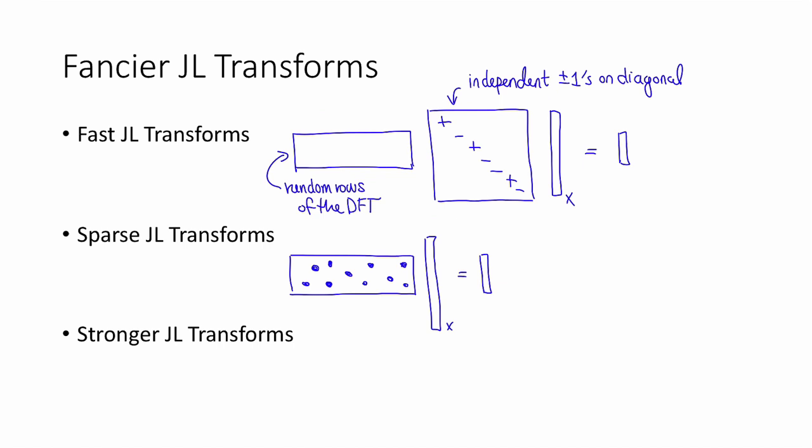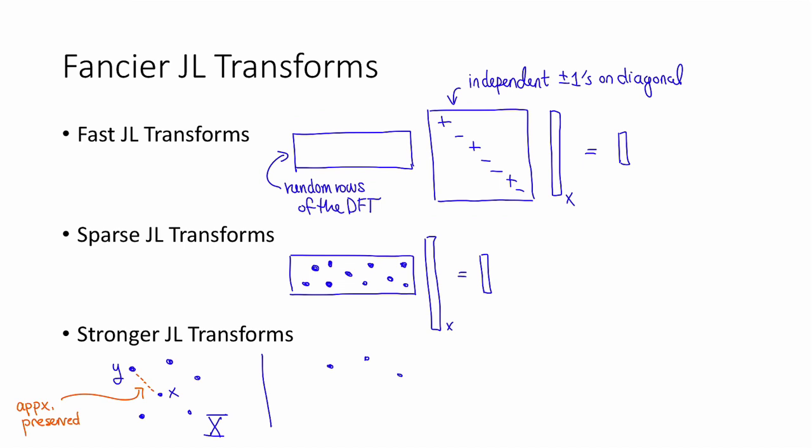Finally, I want to mention a recent line of work that gives stronger JL transforms. So what do I mean by stronger? Well, before the guarantee that we had was like this. We had some set, capital X, of points, and our guarantee was that for any x and y in this set, the distance between x and y was approximately preserved. Instead, we might hope for a stronger guarantee, which is the following.